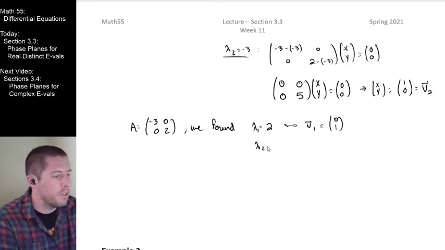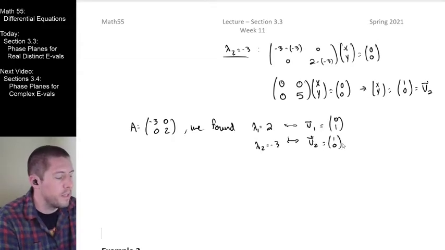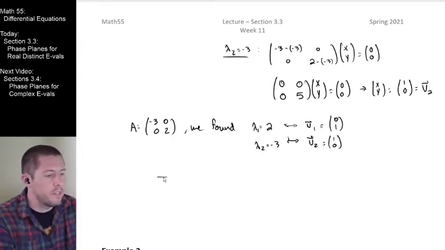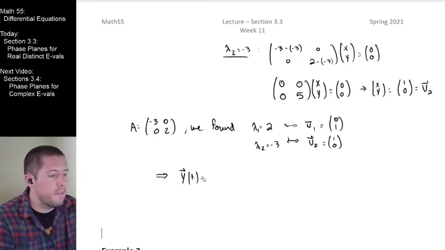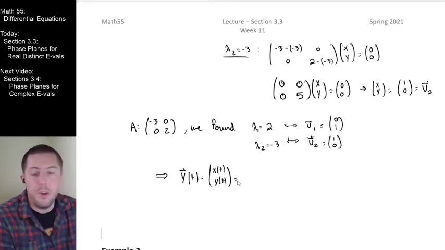And we found lambda 2 was negative 3, and that is partnered up with eigenvector 2, which we just found to be 1, 0. And this allows us to write our general solution for this guy, which is our y of t is going to be equal to, and remember that this is our x solution and our y solution, are exactly what we knew them to be up here.